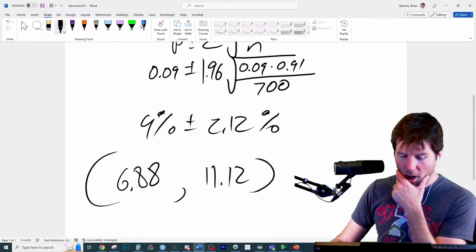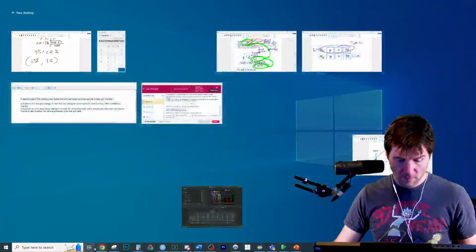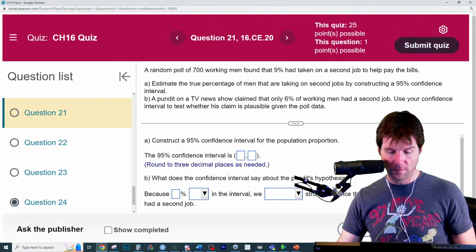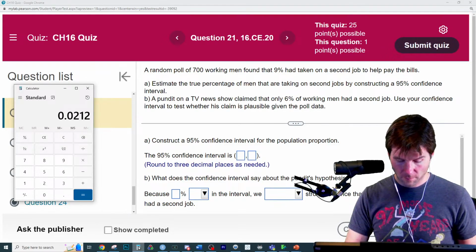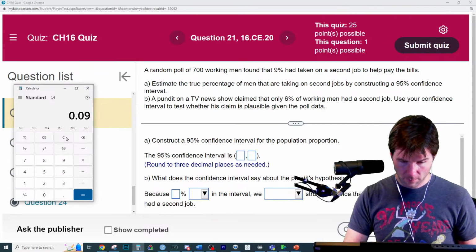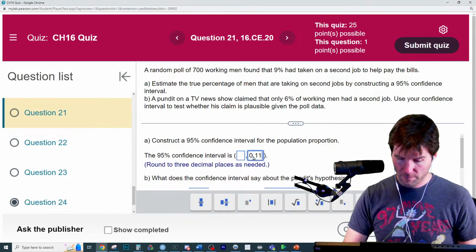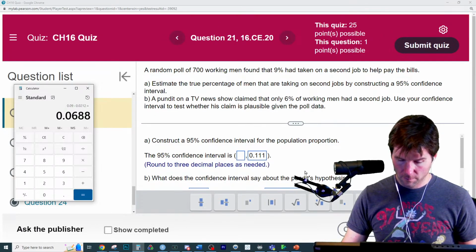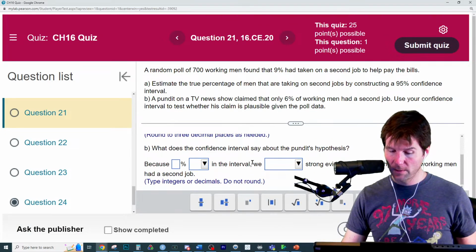It wants it as a decimal, so there's the margin of error, to three decimals. Hopefully we didn't enter something incorrectly.